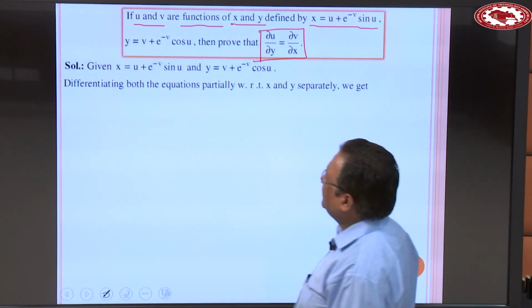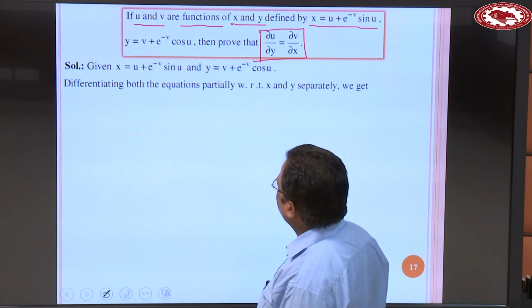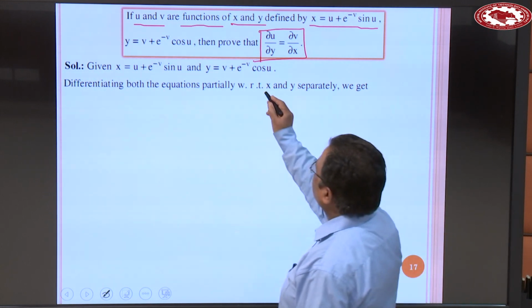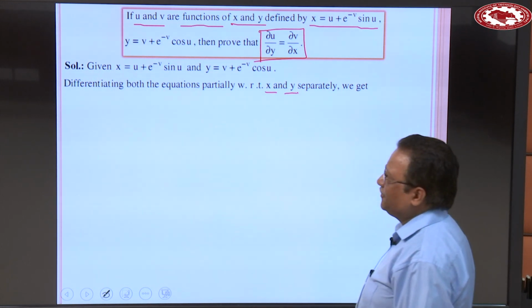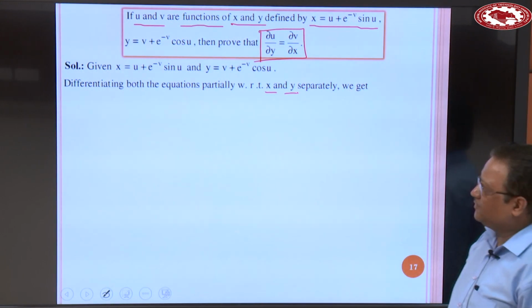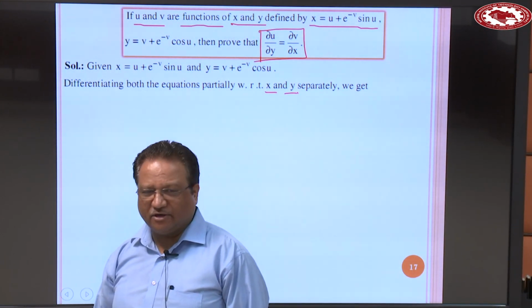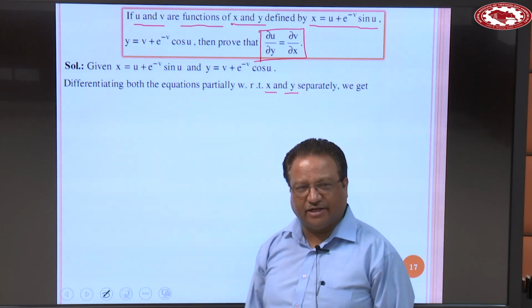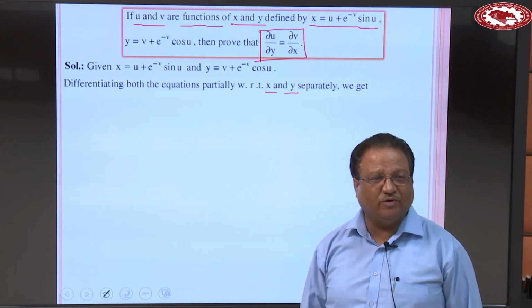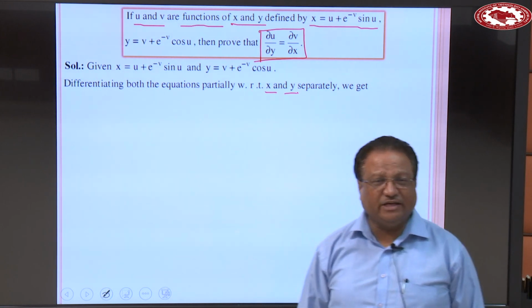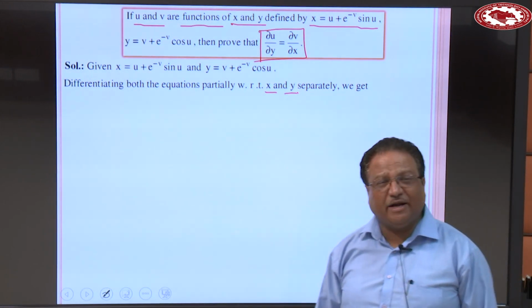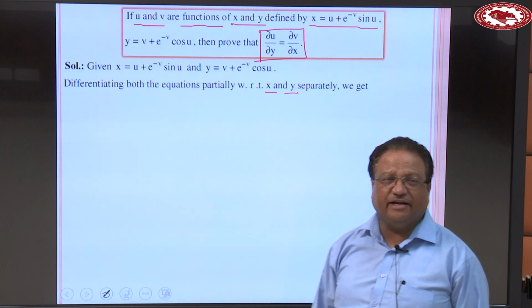Differentiating both the equations partially with respect to x and y separately, because we can differentiate the given relations with respect to x only, with respect to y only. We cannot differentiate these two relations with respect to u and v, because u and v are dependent variables and x and y are independent variables.